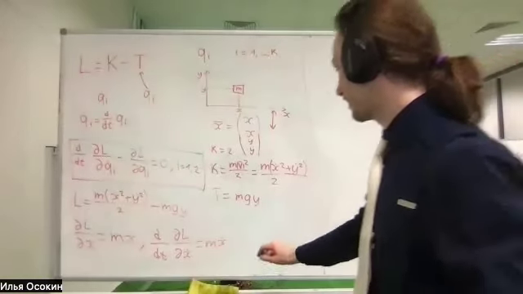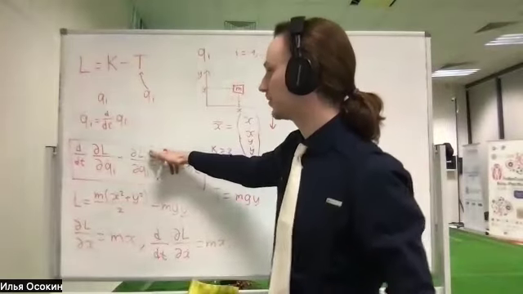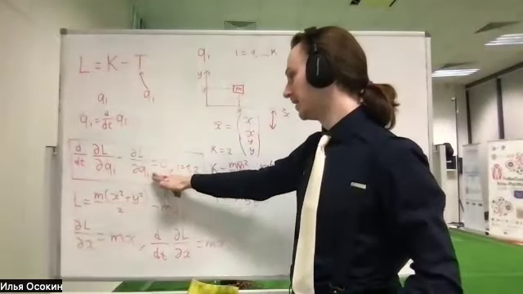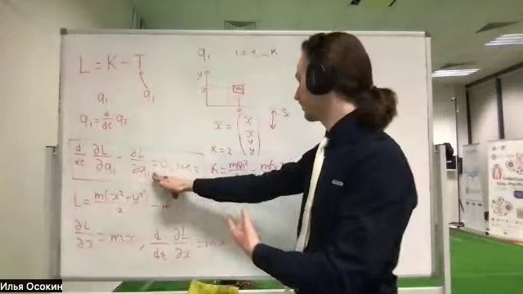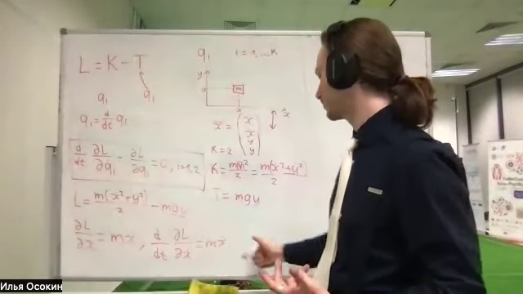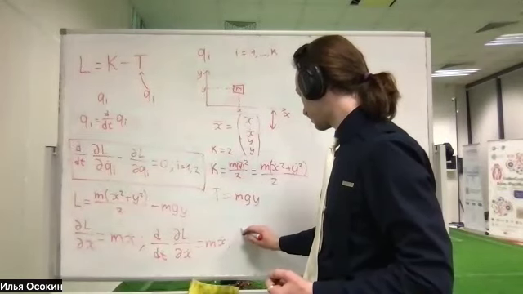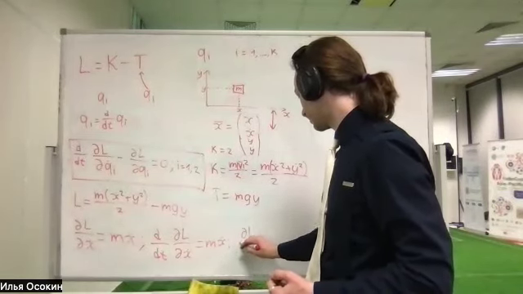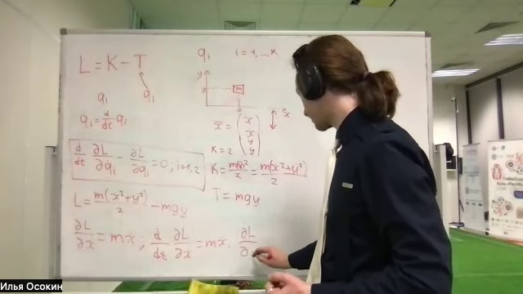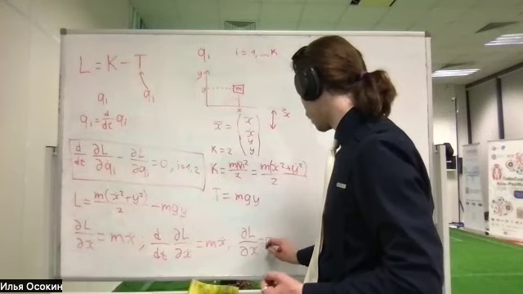The last part is just the partial derivative of the Lagrangian by x. But the Lagrangian doesn't depend on x, so partial L partial x is 0.